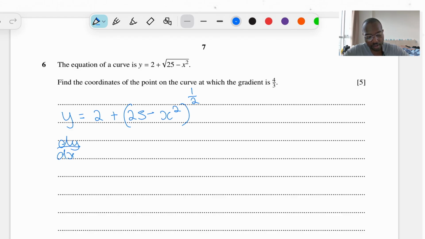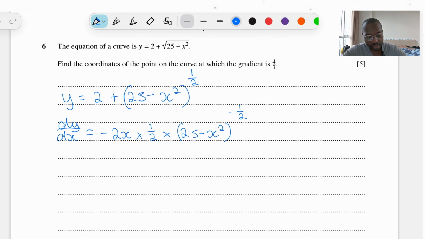So if we do that now, we get dy over dx. The 2 just disappears, and then with this bit here, we get a minus 2x coming out of the bracket, and that'll also be times by that half. And then what's inside the brackets, 25 minus x squared, we can now reduce the power by 1, so that'll be to the power of minus a half.